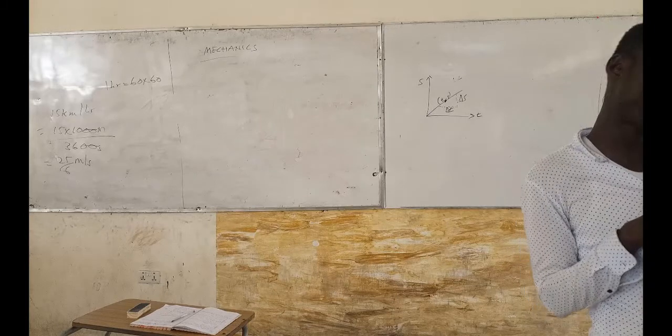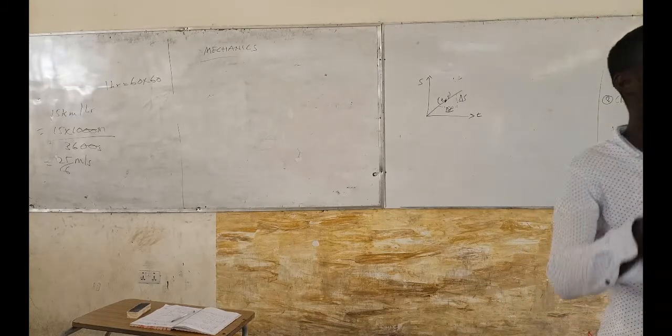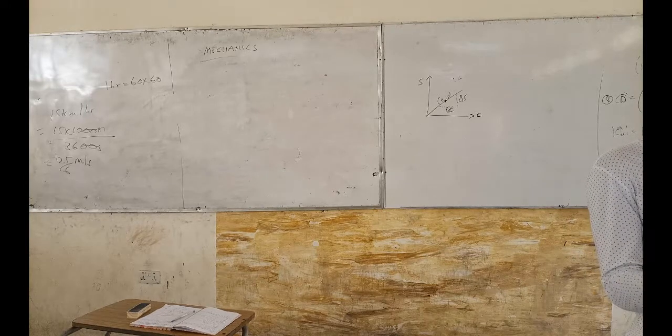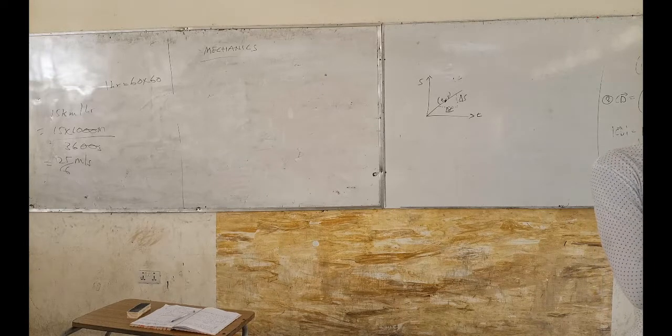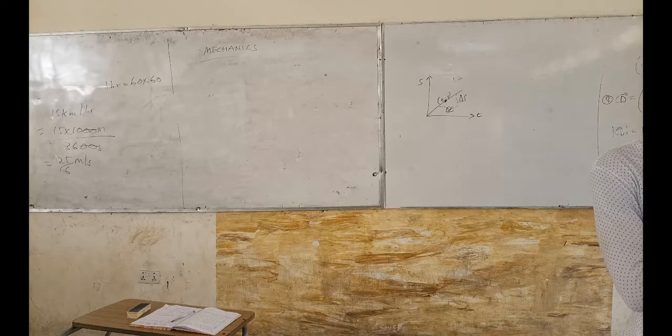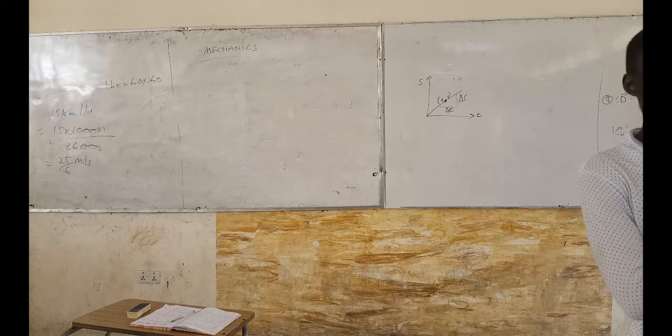Now, I want you to go this way. We want to find the velocity 4 seconds later. So, negative 3 meters per second squared. For 1 second, what do you think will happen? For a second, it means what will decrease? Now I'm saying for a second, so it means we will be left with what? Meters per second.